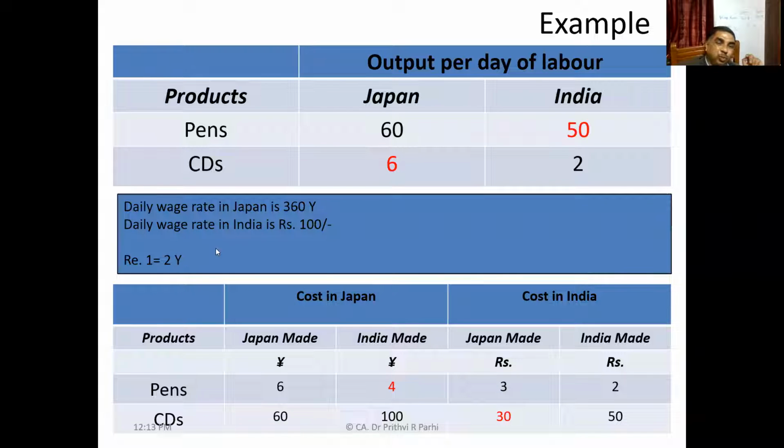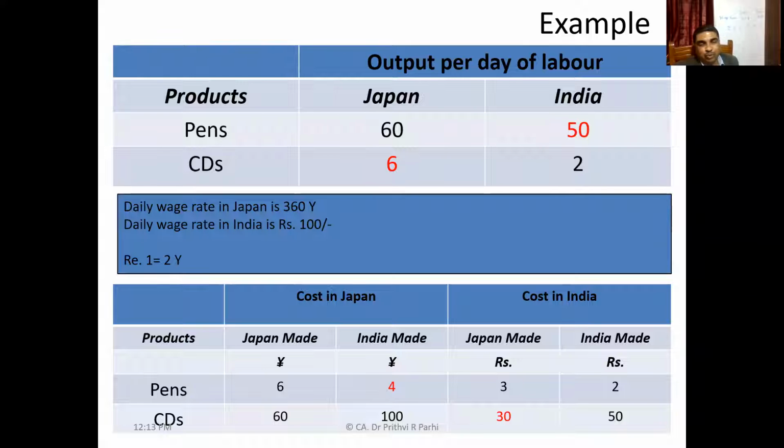2 rupees in Japanese yen, what will be its value? Because 1 rupee is equal to 2 yen. So 2 rupees is equal to 4 yen. Got it? Now come to CDs. In India, per day, India can produce 2 CDs. For 2 CDs, what will be the cost? 100 rupees.